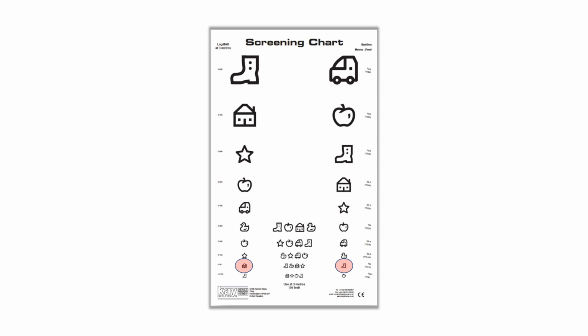So the next thing to do is ask them to read out the 4 pictures in the middle that are the same size as the star, and that will be their visual acuity, which is 3/3.8. If you want to record exactly how many pictures they saw out of 5, just add a minus to the Snellen score with how many pictures they got wrong. If they saw 4 out of 5, the number would be 3/3.8 minus 1.